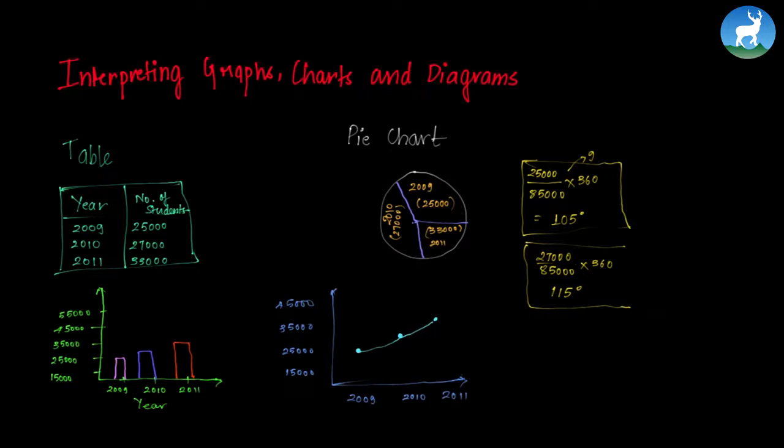Now to represent or interpret the diagrams, I have some list of phrases that we can use to describe charts. So let's write. Here's the list of phrases that can be used.